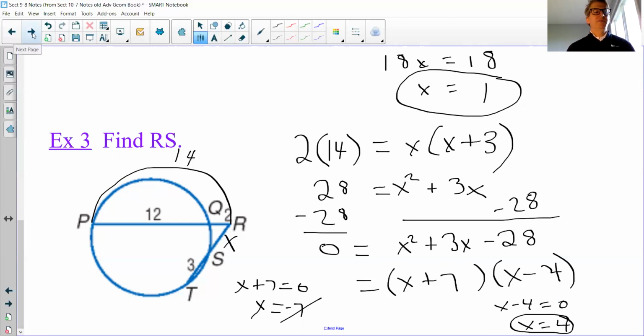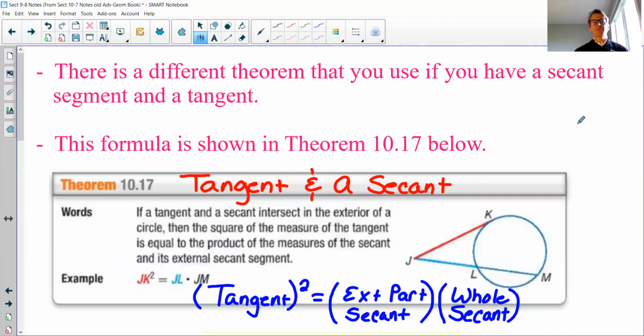All right, last theorem today is the tangent and secant. Let's go through that. So there's a different theorem that you use if you have a secant segment and a tangent segment. This is 10.17.